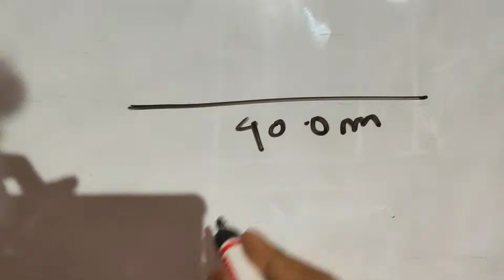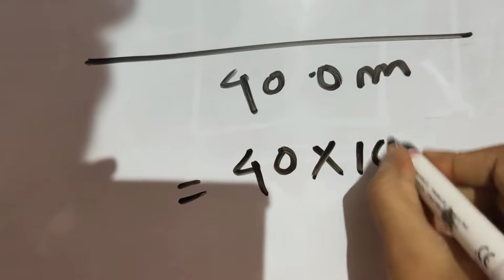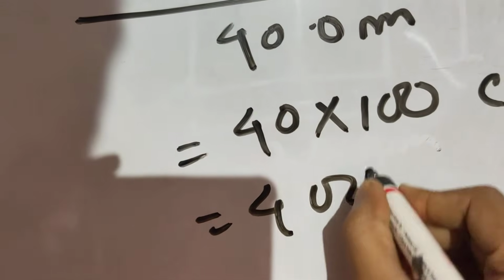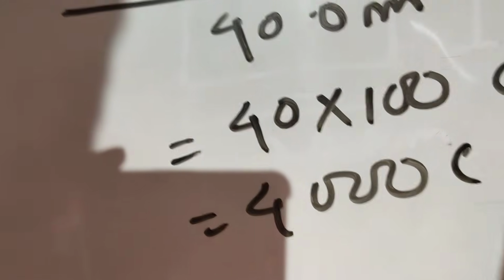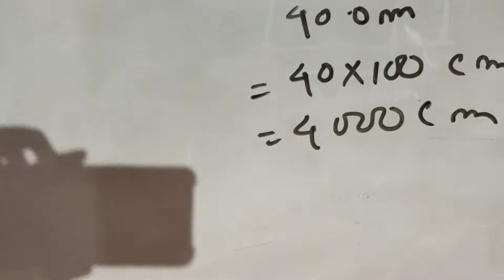So 40 meter is equal to 40 into 100, and we are expressing this in centimeter. So 4000 centimeter is the actual length of the line. This is the actual length. So what will be the length of the line on the drawing paper?